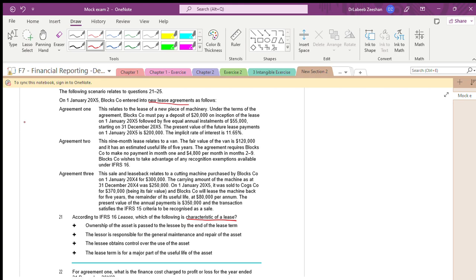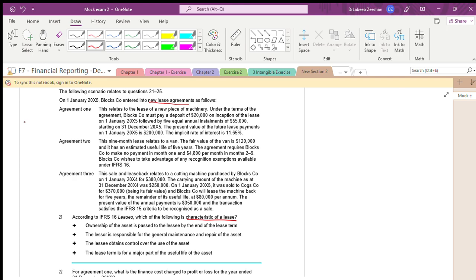What is the characteristic of a lease? Think of it this way: you are taking a car on lease. We will come to this.